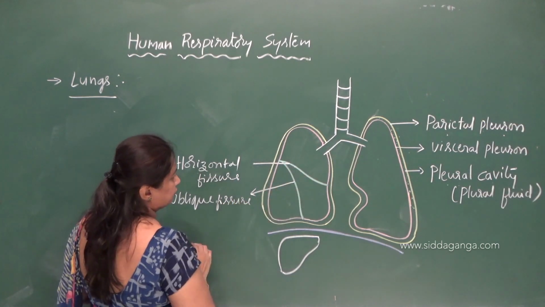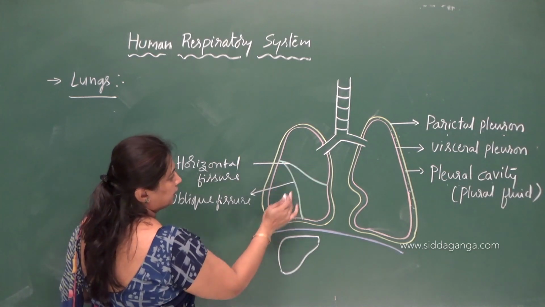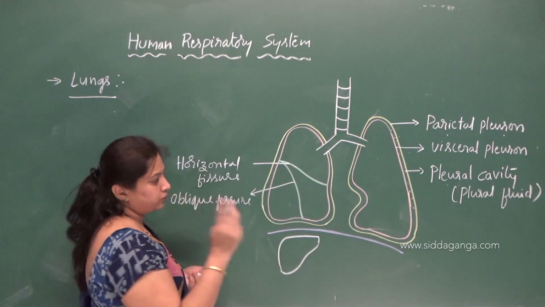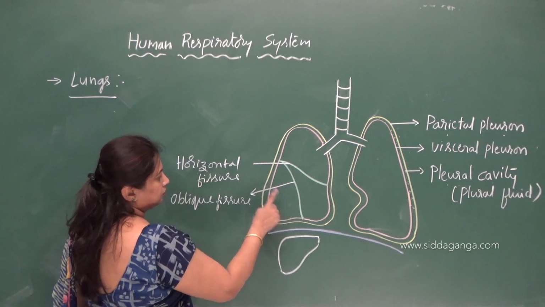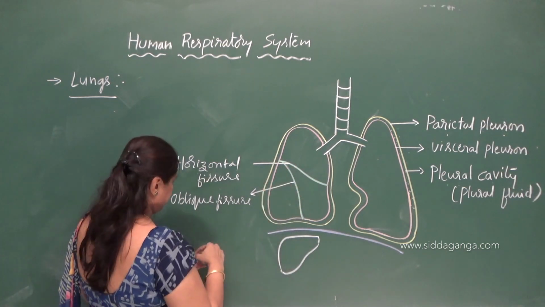These two fissures divide the entire right lung into three lobes. How many lobes are there here? Three lobes, because of two fissures.